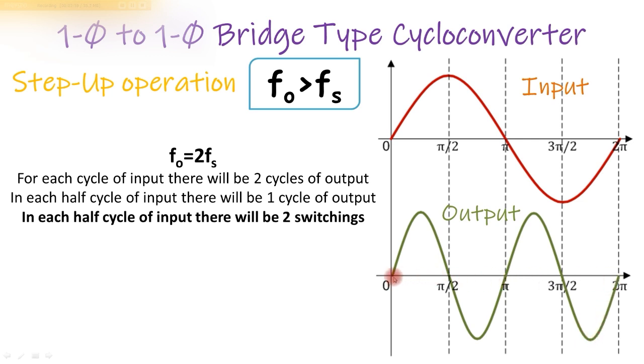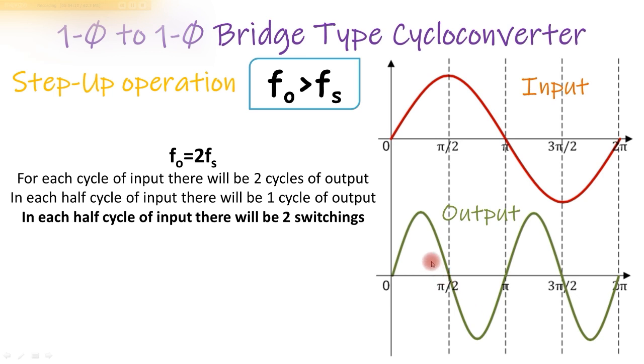So to obtain one complete cycle of output within this half cycle of input, we have to perform two switchings because the supply goes from 0 to positive, positive to negative. So there have to be two switchings.